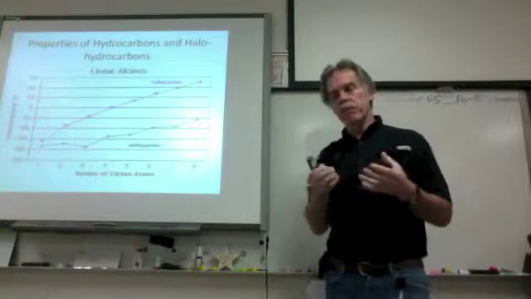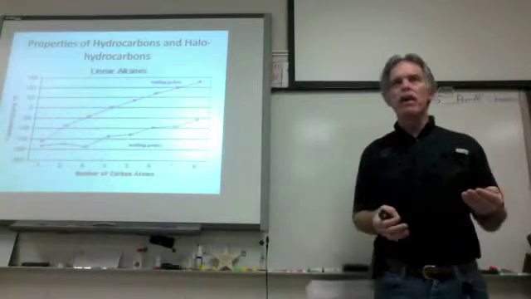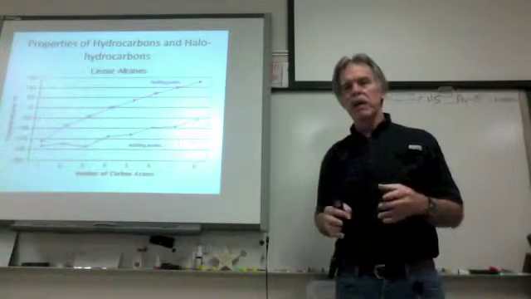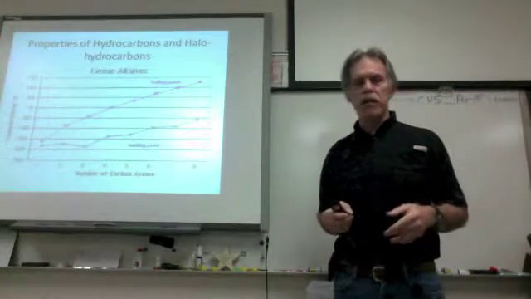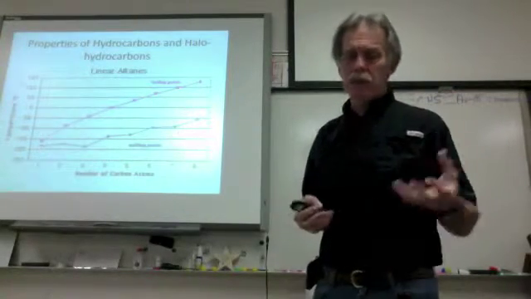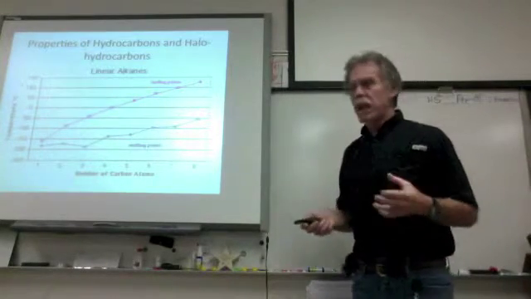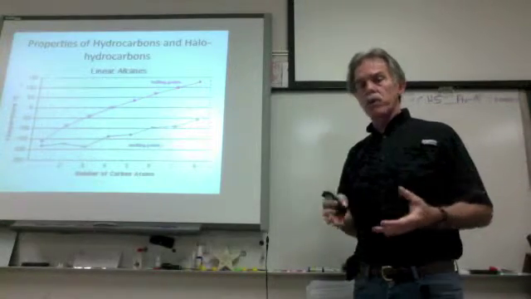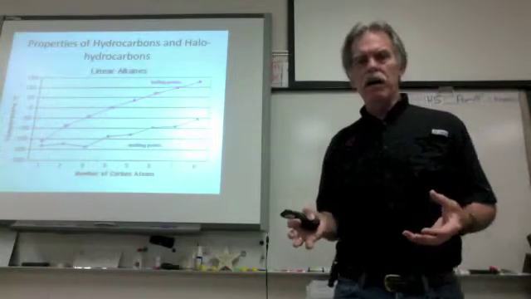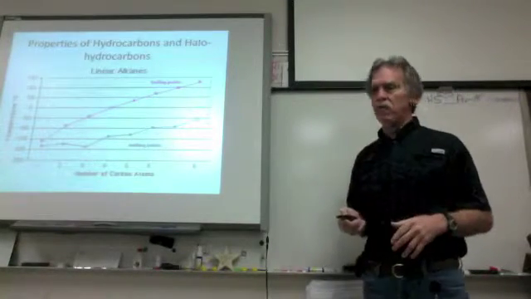And so keep in mind that if you had an iodide compound, it would have a boiling point and melting point higher than the fluoro and chloro compounds in almost every case. There's probably exceptions, there always are. I can't think of one right now. So keep that in mind. Size, number of carbons, which also corresponds to heavier, and then molecular mass. The heavier the molecular mass in general, the higher the boiling point.